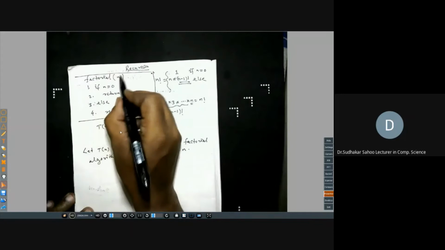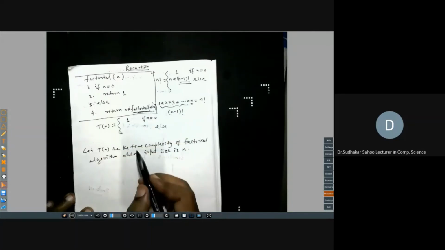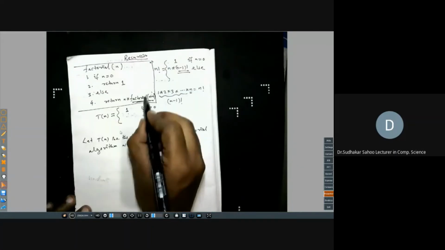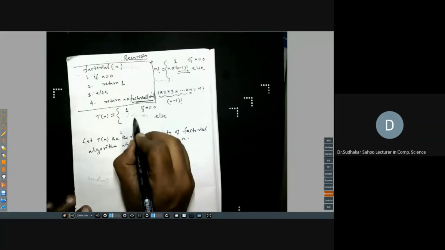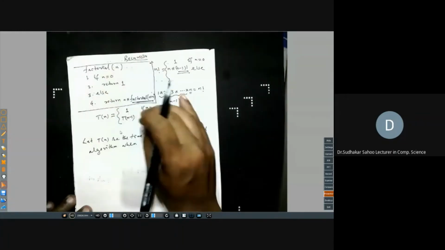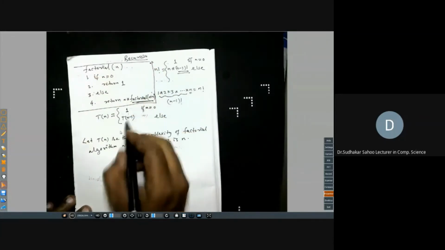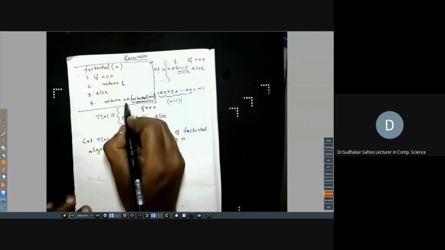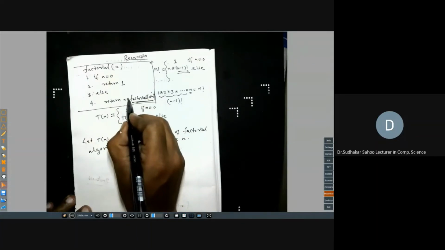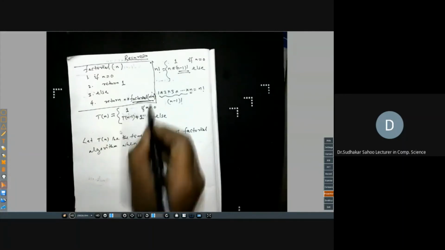If you want to execute 7 factorial, you write T(7). So factorial n minus 1 should be T(n minus 1). Because you are calling the same function, all these instructions are present again. So T(n minus 1) plus another multiplication operation. So step 4 requires T(n minus 1) plus 1.